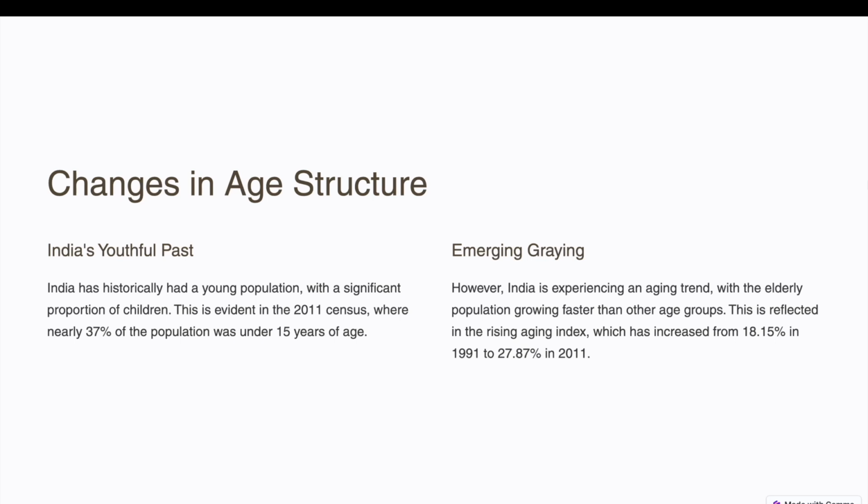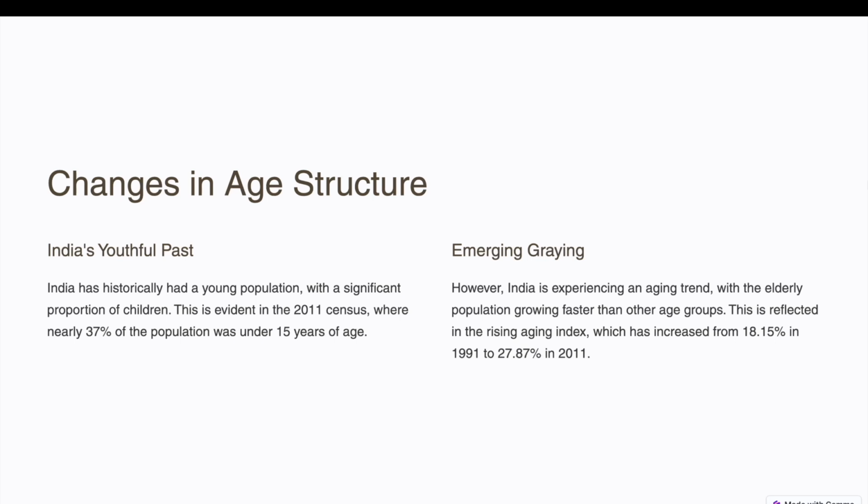Globally, Japan, Germany, and Sweden report the highest indices, while countries like Mexico and Zambia report the lowest. In India, the index has steadily increased from 18.15% in 1991 to 27.87% in 2011, showing a clear shift in age dynamics.